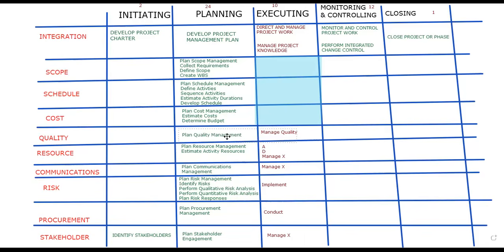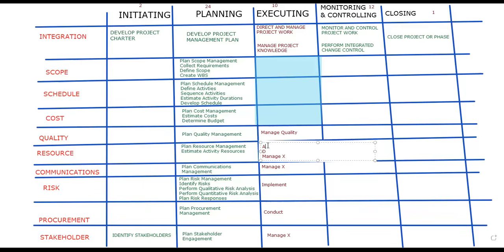Remember, plan quality management is where you identify the standards that you need to adhere to, be it SOX compliance, Food and Drug Administration, FDA, OSHA regulations, the Americans with Disabilities Act, whatever it is. Manage quality is where you check the process like an audit, okay?